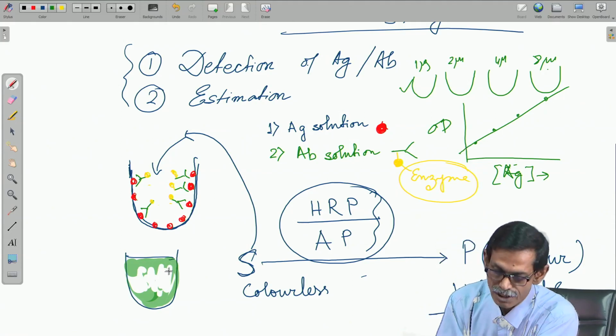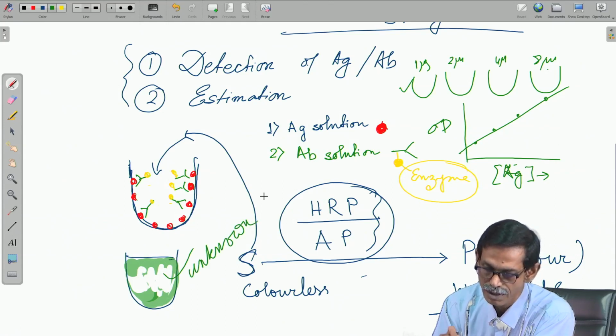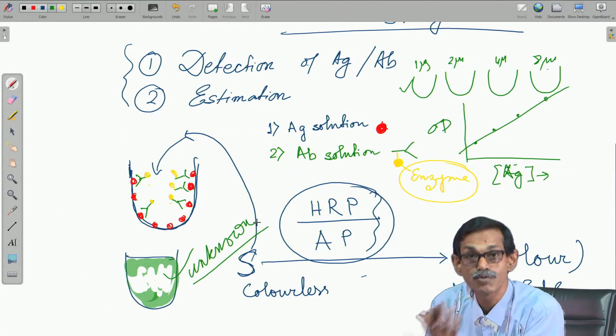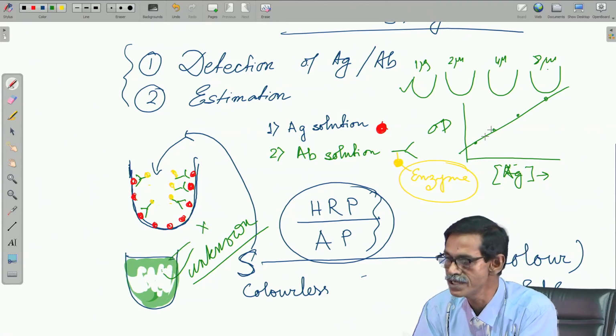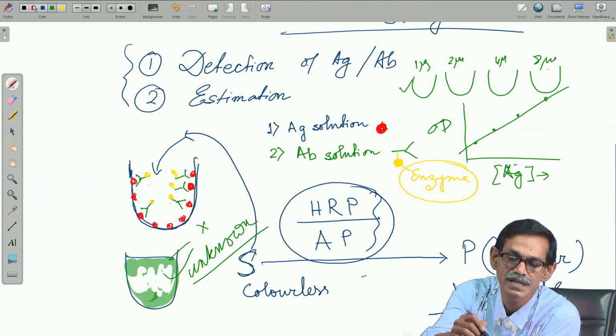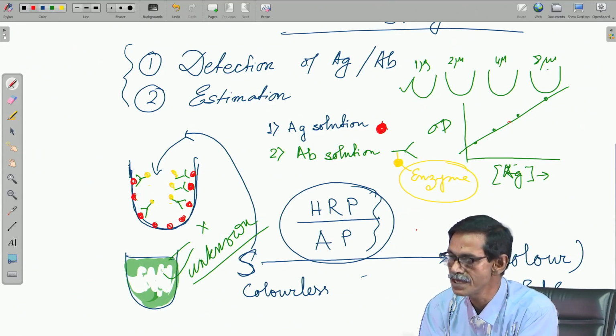Then in one solution, this is, say, unknown, that you do not know. This is the unknown that you want to measure. What you can do is, you will get some OD, say x. That x OD, suppose it comes here.